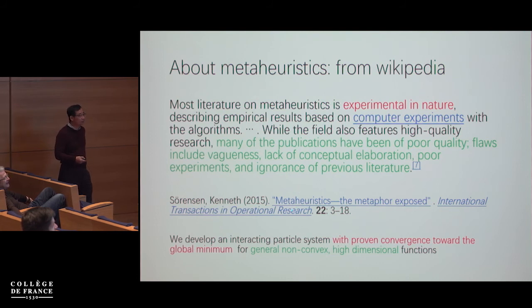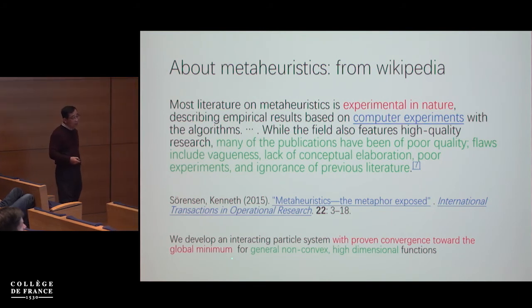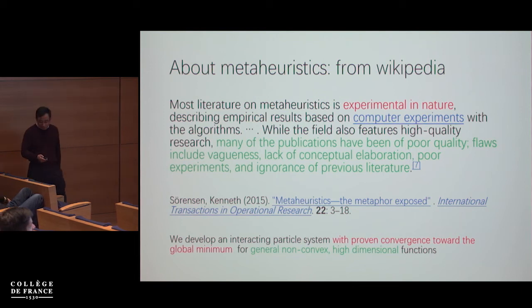Well, of course, today we will develop such a swarm intelligence method, for which we have some theory. We can prove that under certain conditions, this particle system will converge to the global minimum for general non-convex high-dimensional functions, all right? We do have a little theory.